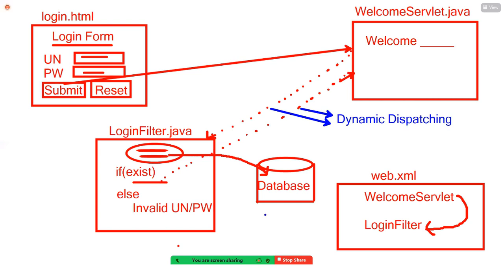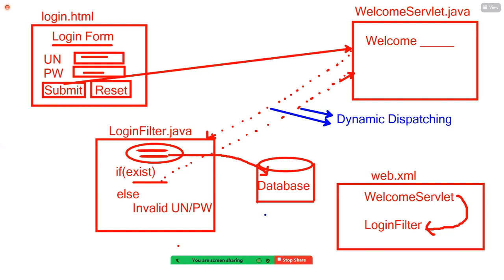Now if I click on the submit button, first of all the request comes to the servlet or the filter? Servlet. The request comes to the servlet. But is the servlet executed first or the filter executed first? The filter is executed. If it is validated, if the username and password are there, then the servlet is executed. Otherwise the servlet is not executed.